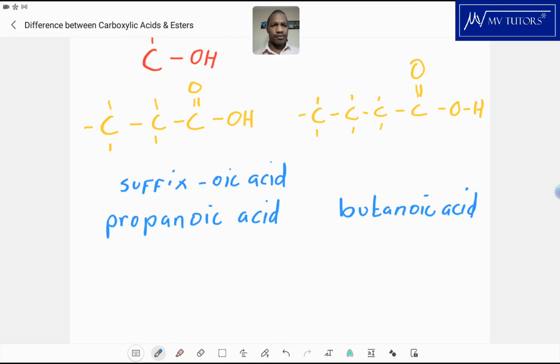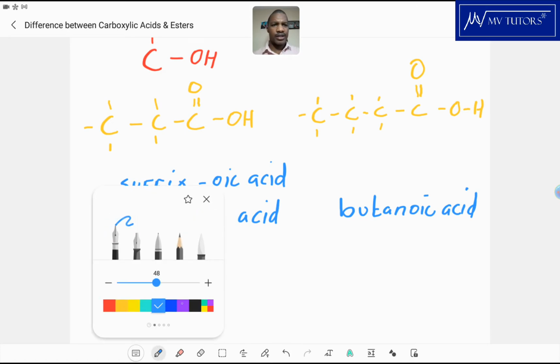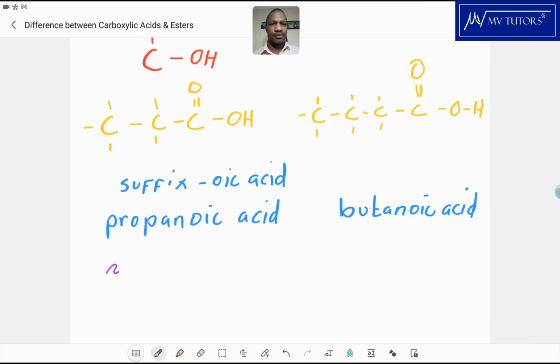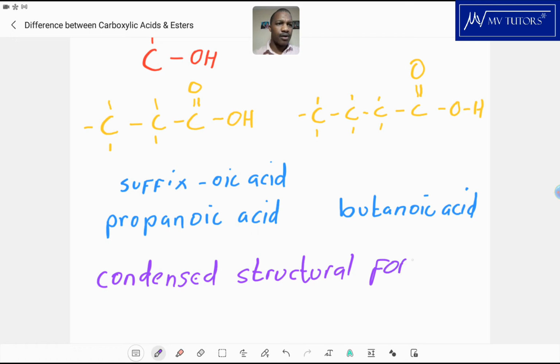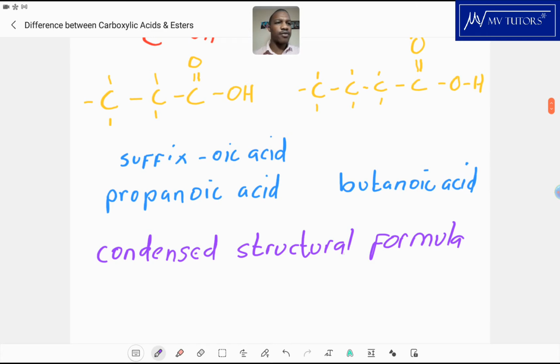Now let's go ahead and discuss the condensed structural formula. It comes from the structure of this molecule.